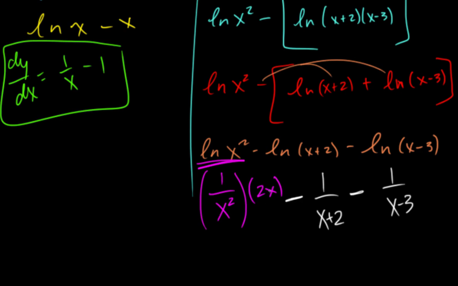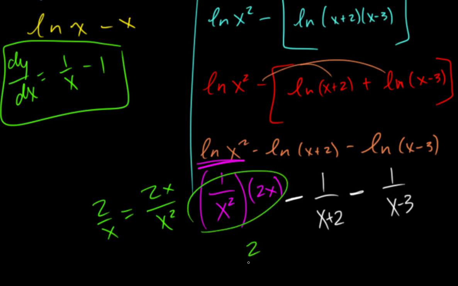The stuff written in purple is going to become 2x over x squared. If we reduce those x's, we're going to get 2 over x, and so I can replace that with 2 over x minus 1 over x plus 2 minus 1 over x minus 3.